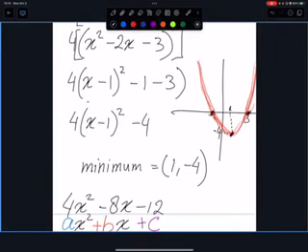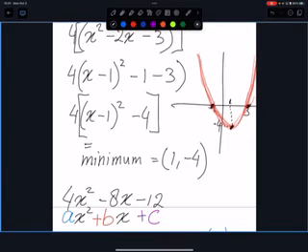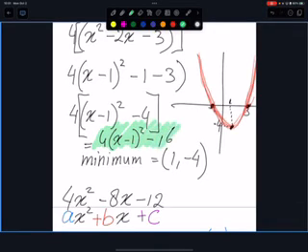So go back to your completing the square. This is the answer: minus 16. It wasn't minus 4. My apologies.